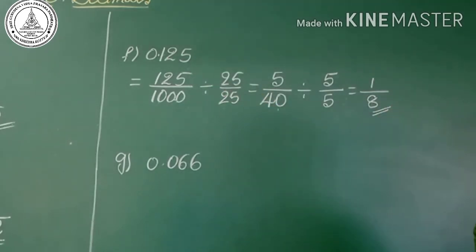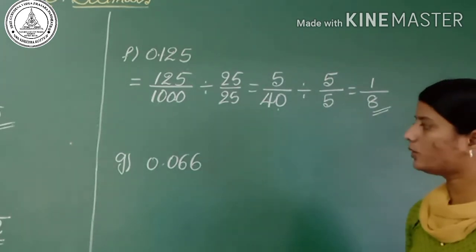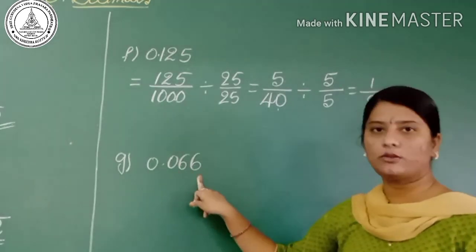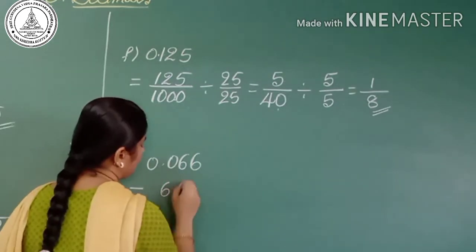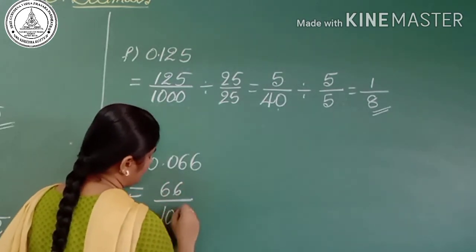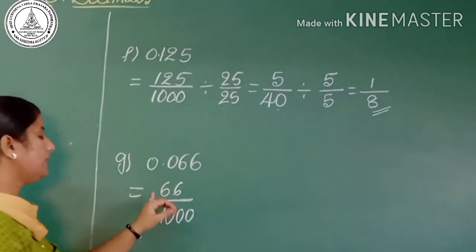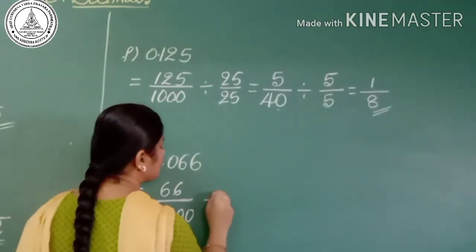Yes. Then the last one, 0.066, or we can read it as 66 thousandths. Write as a fraction, which equals 66 by 1000. You may see here 66 and 1000 are divisible by the same number, that is 2.